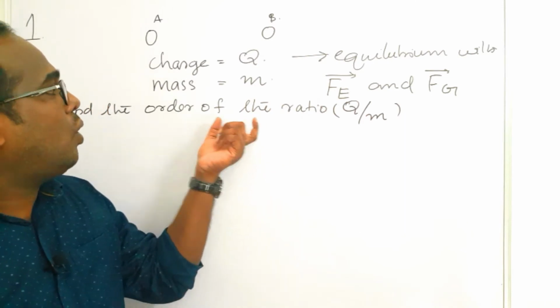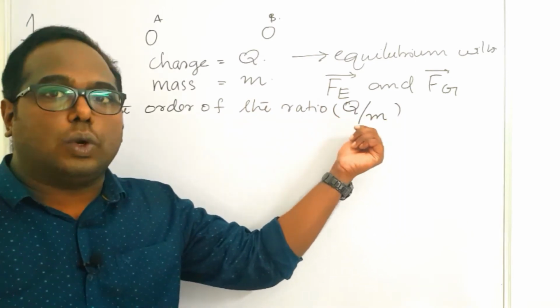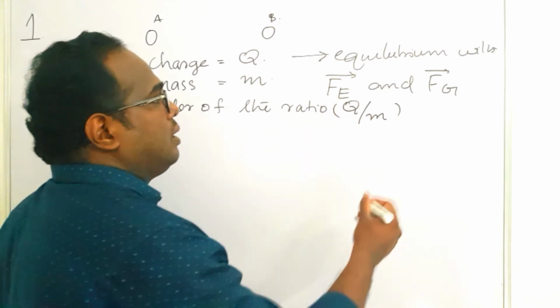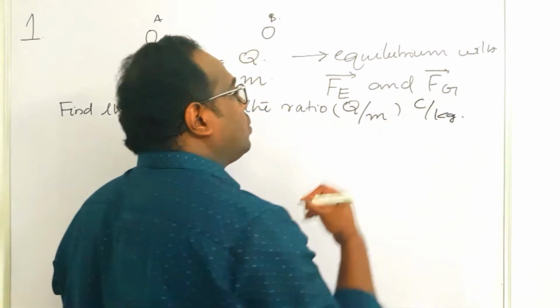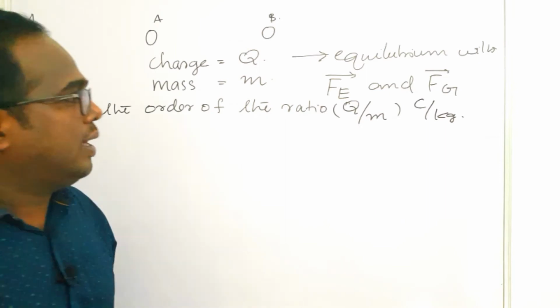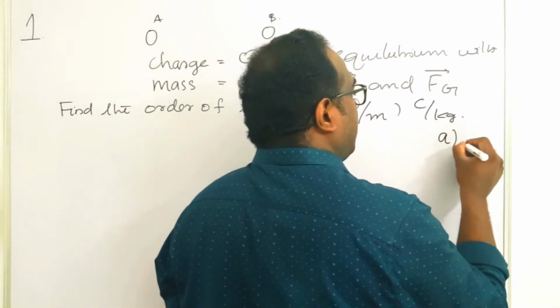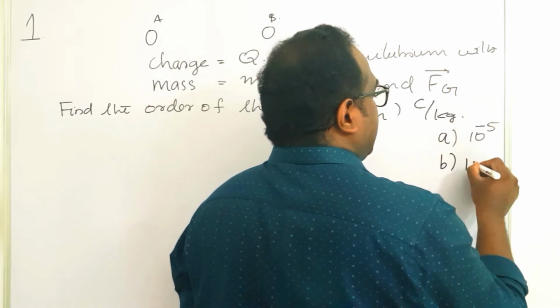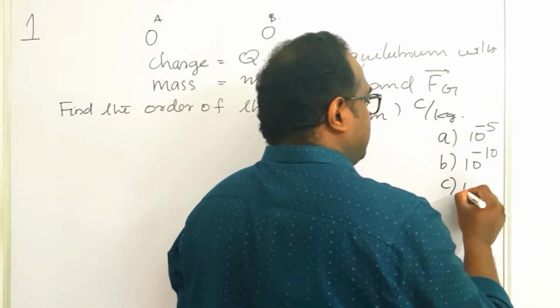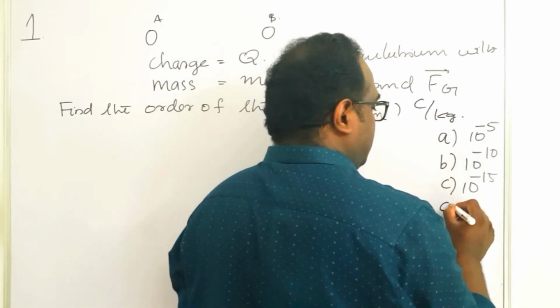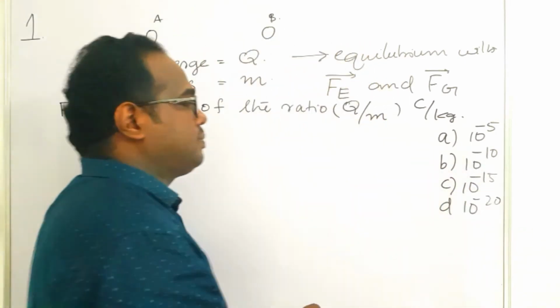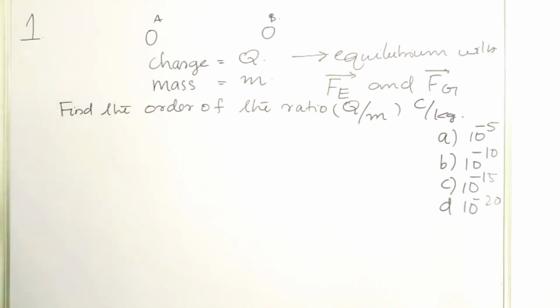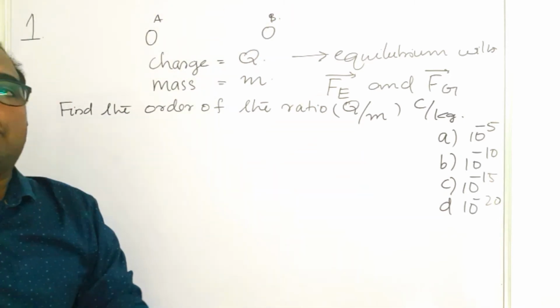You have to find the order of the ratio Q by M, that is charge to mass, in Coulomb per kg, okay? Then the options: A, 10 raised to minus 5, 10 raised to minus 10, 10 raised to minus 15, 10 raised to minus 20. Okay, do this question. Pause the video and do this question and check the answer.